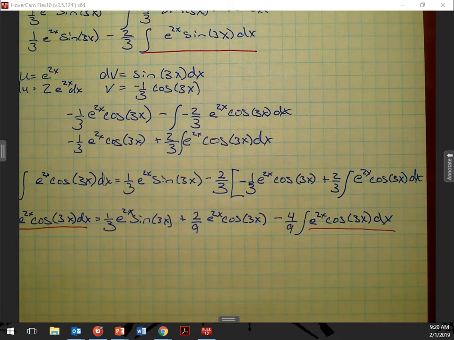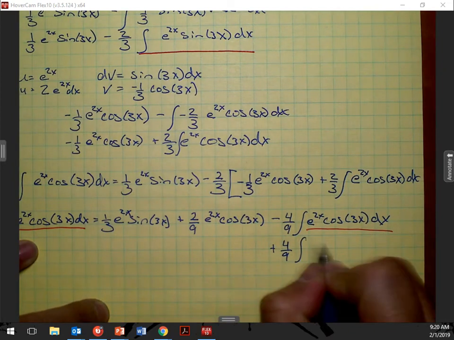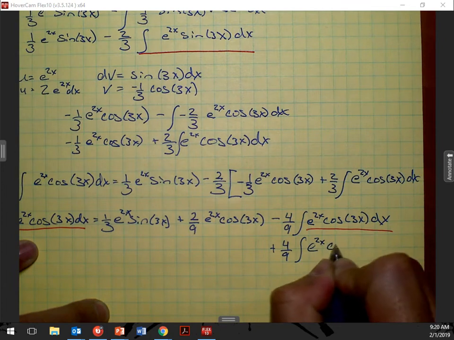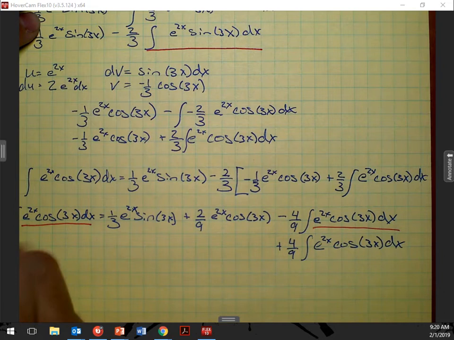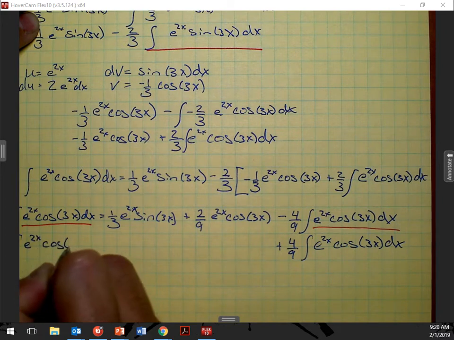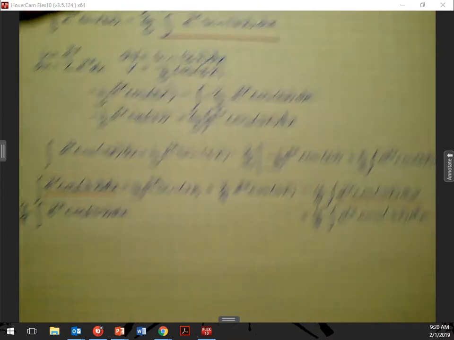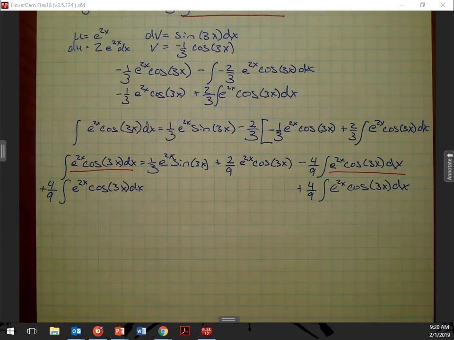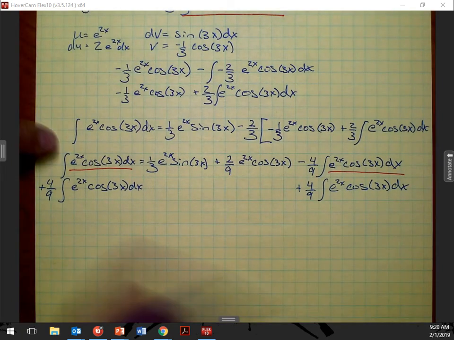So what I'm going to do here, algebra, I'm going to add 4/9 my integral of e to the 2x cosine of 3x dx to both sides of my equation. So I added that to both sides, right?